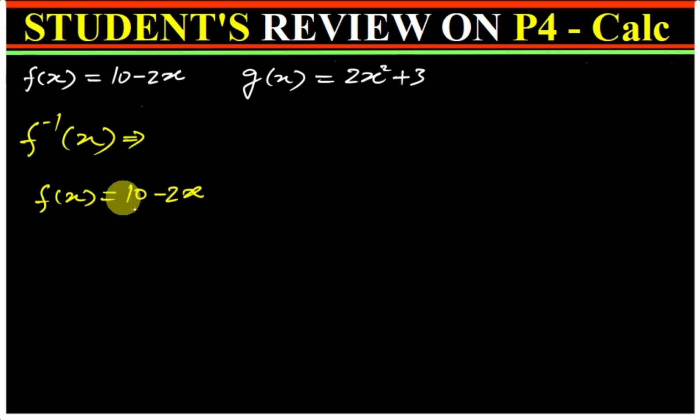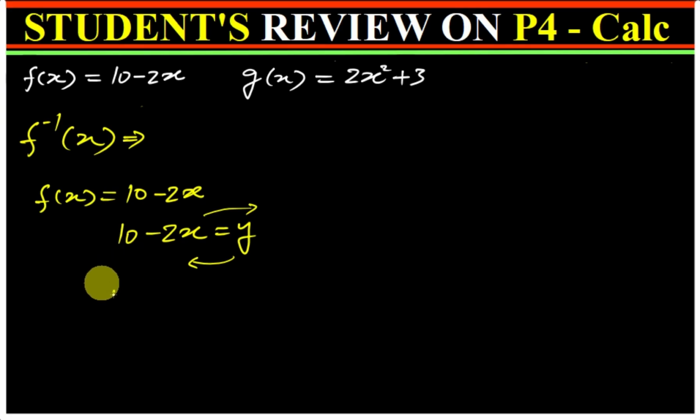We'll write it equal to y, taking another variable, so the equation is 10 minus 2x is equal to y. Now we'll find the value of x. We have to make x the subject of the equation.